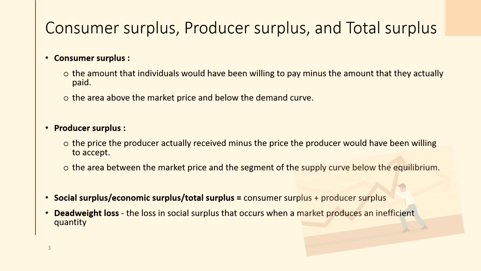It is the area below the price and above the supply curve. Finally, total surplus, also called social or economic surplus, this is simply the sum of the consumer surplus and producer surplus. We also introduce deadweight loss, which is the loss in the total surplus when the market is not operating efficiently.